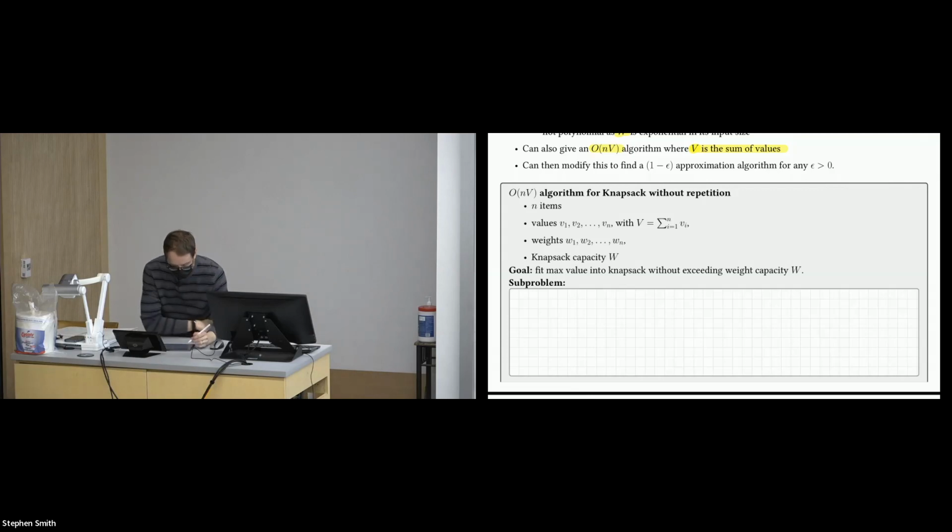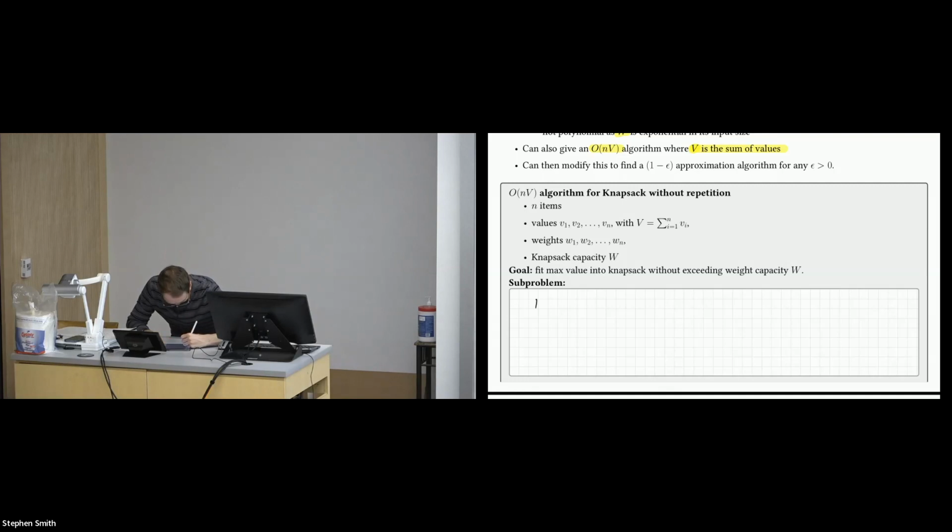So we have n items. They have values v1 through vn, and we let capital V be the sum of all those values. They have weights w1 through wn, and you have a knapsack capacity of W, and we know the goal. My definition of the subproblem for dynamic programming is a little bit unusual maybe, but this is why I didn't present it earlier.